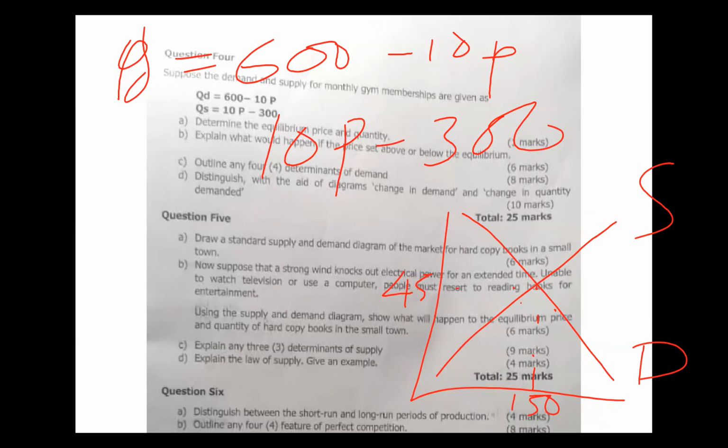Now, your question should be, what about the intercepts? What do we have as the maximum price here on top? And on quantity, what is the maximum quantity here? Remember, there are two numbers here: the last figure on quantity and the last figure on price.